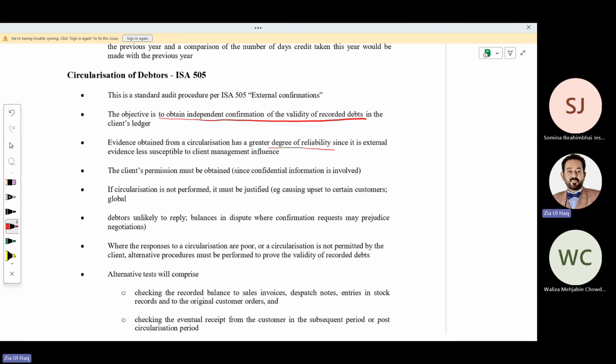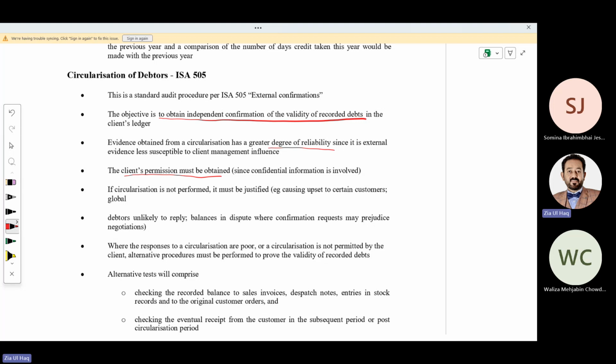Circularization means confirming balances from the customer independently, and it is a reliable source of evidence because it is external evidence. But before sending a request to the customer to confirm the balance, we need to obtain client permission. How can we confirm from the customer? Either through email, letter, or phone call.